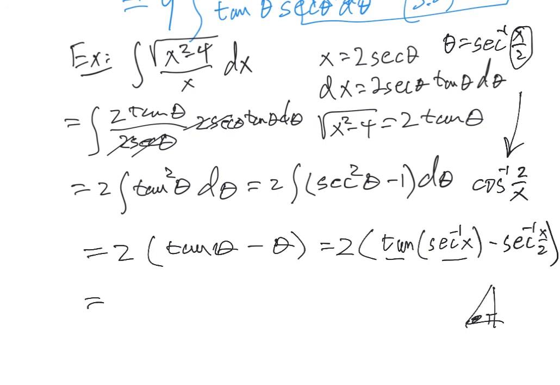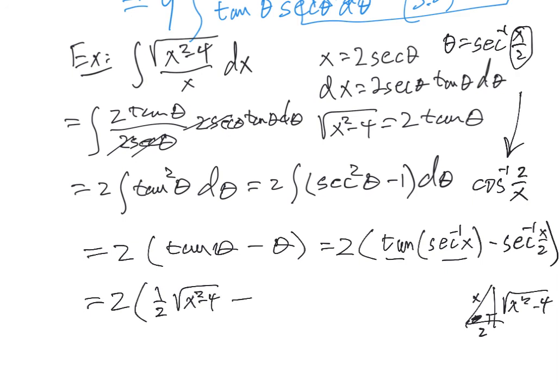The secant is x over 2, so the secant would be hypotenuse over adjacent. And then the other leg would be the square root of x squared minus 4. Notice that's the original radical, no coincidence there. And so I get twice the tangent of this angle, which is 1/2 the square root of x squared minus 4, opposite over adjacent.